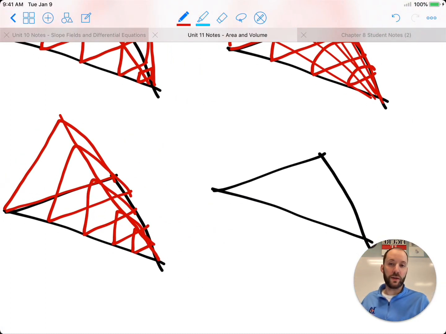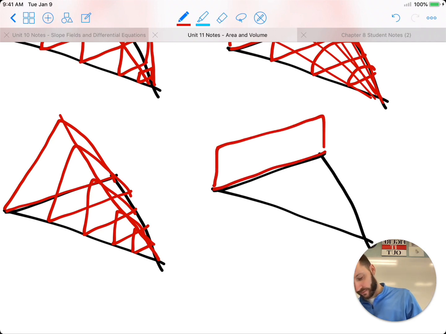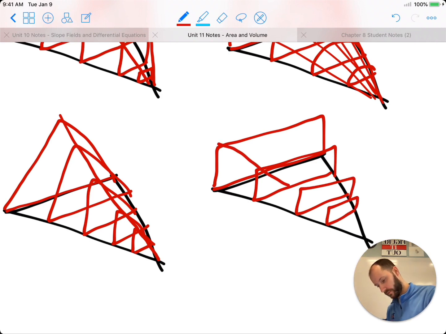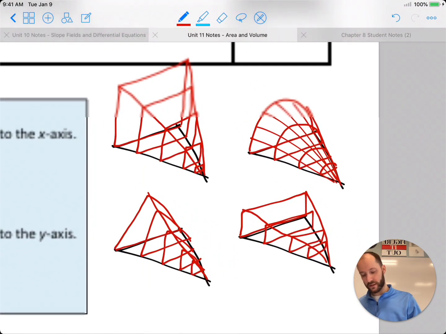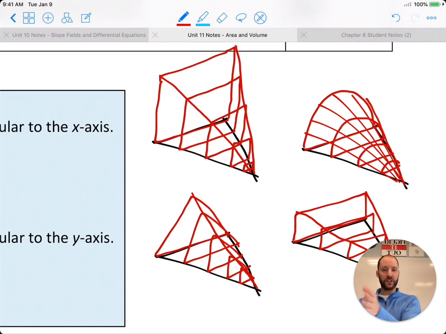Or the cross sections could be rectangles, where the height is half the length of the base. Or the height is a third of the base. Kind of going all the way down. So using areas and then stacking those areas one on top of another to make volumes of shapes.